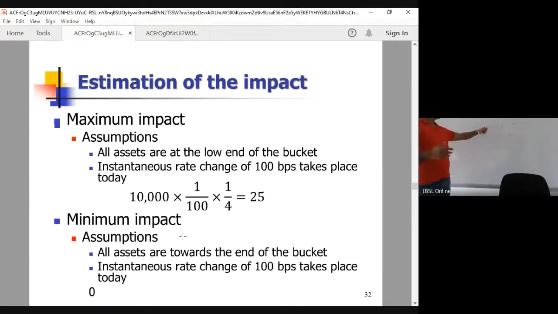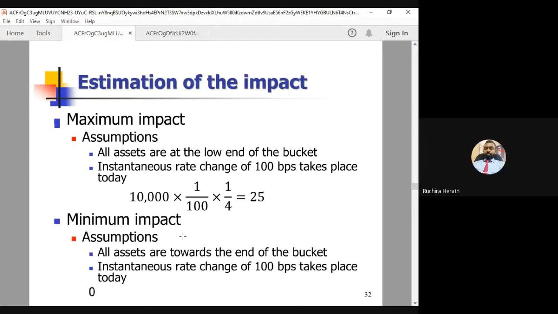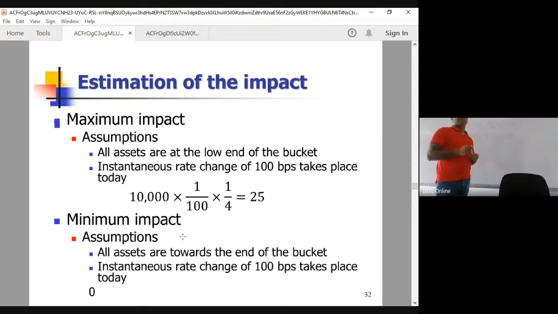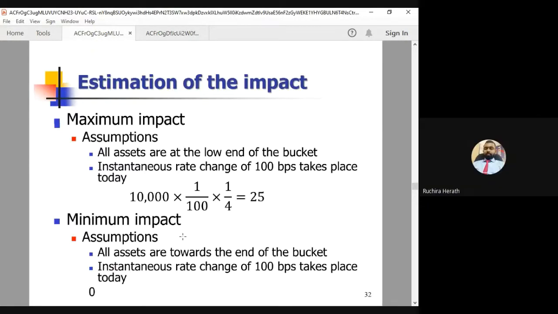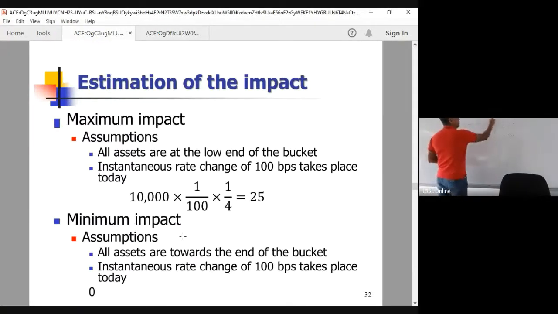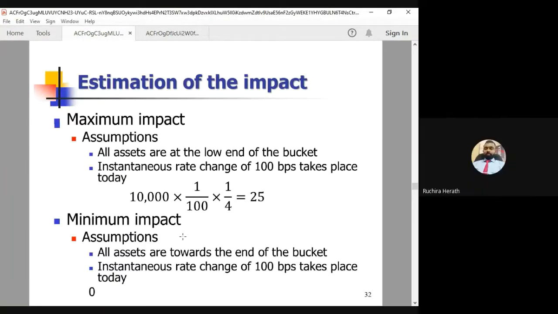So basically you're looking for the quarter. Your 1%, this is per annum, so you're trying to figure out what the impact is for a quarter. Okay, 1 over 100, in the sense 1%, for the 100 BPS. 100 BPS, correct, 1%. If someone gives us whatever the percentage, we have to use the same percentage instead of the 1.